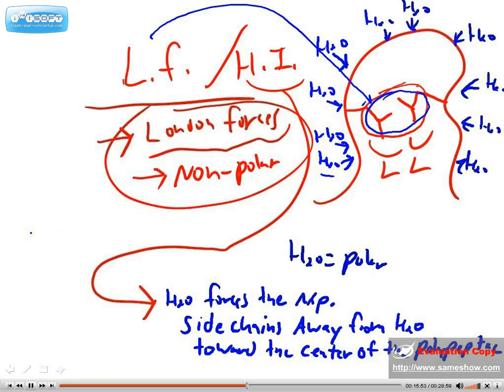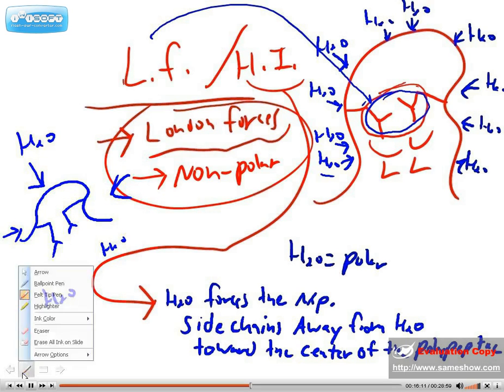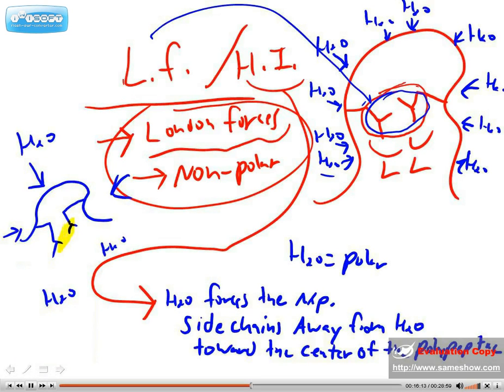When a polypeptide is first created and it has these nonpolar side chains, water will instinctively start pushing immediately on the polypeptide in order to escape interaction of the nonpolar forces.